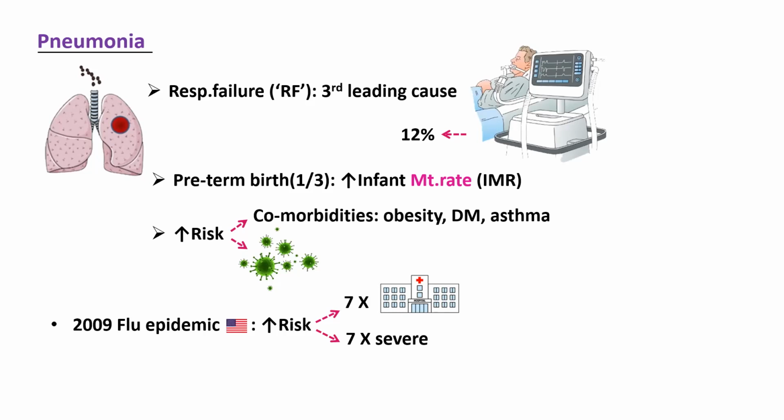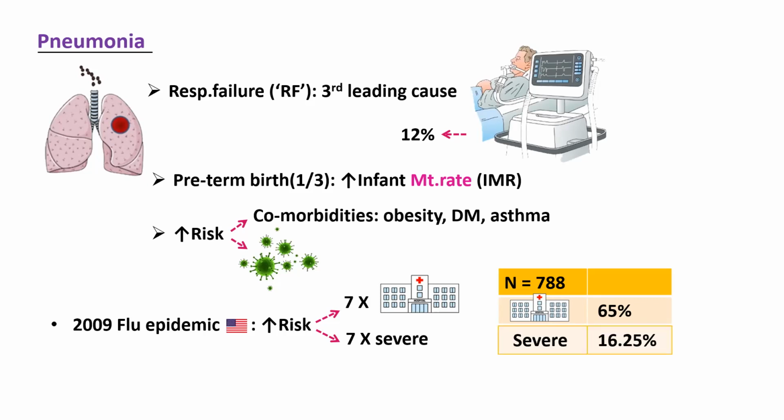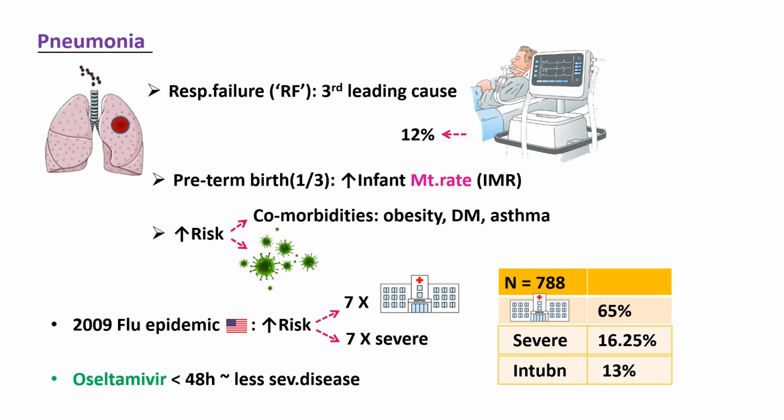So pneumonia in pregnancy is really bad because the risk of needing hospitalization or severity increases exponentially. This was the US data in the 2009 flu epidemic, where they looked at 788 obstetric patients who developed pneumonia. 65% of them needed hospitalization for pneumonia, and 16.25% of the patients had severe respiratory failure, and 13% ended up on a ventilator needing intubation.